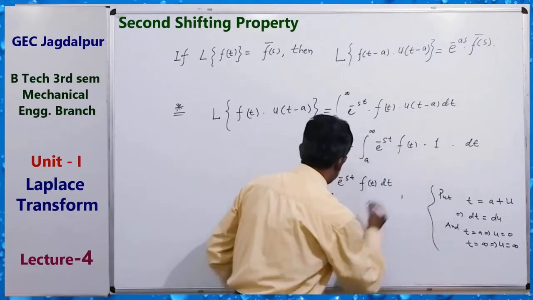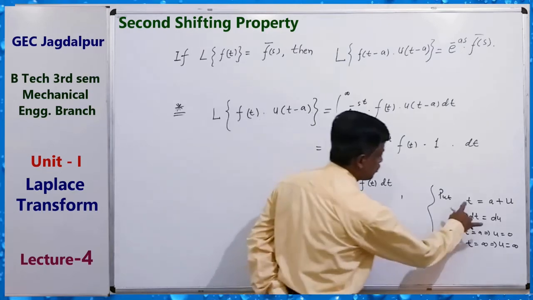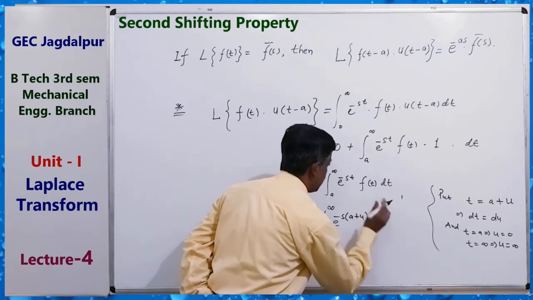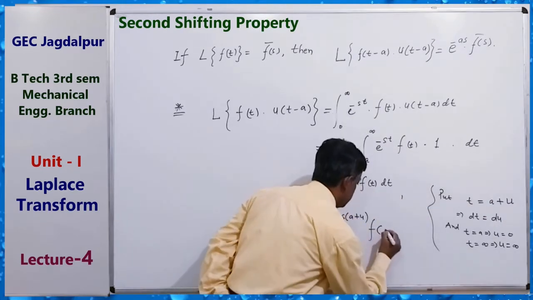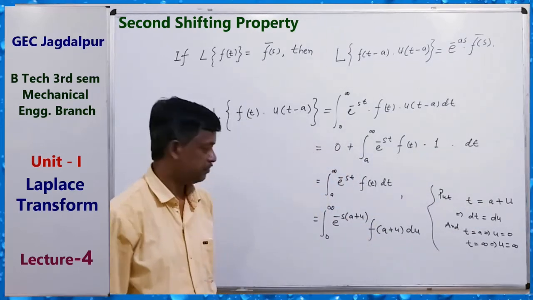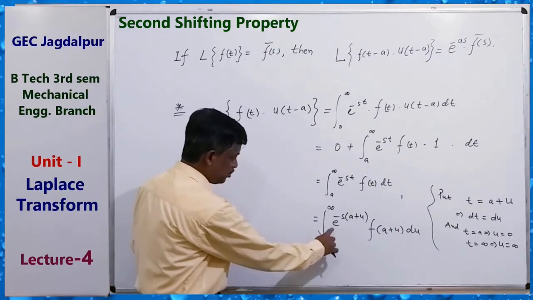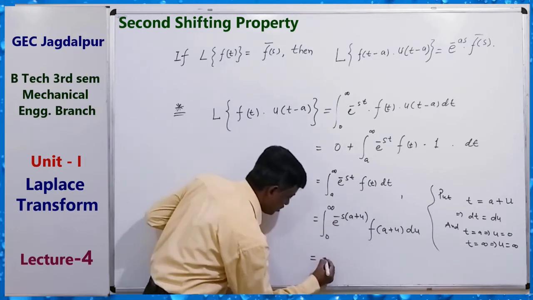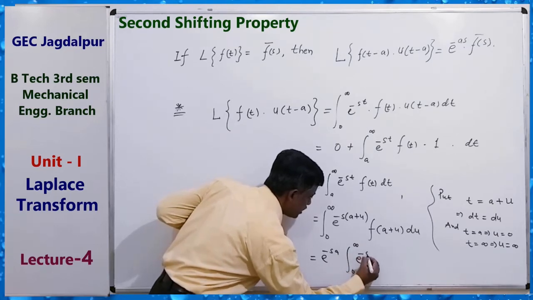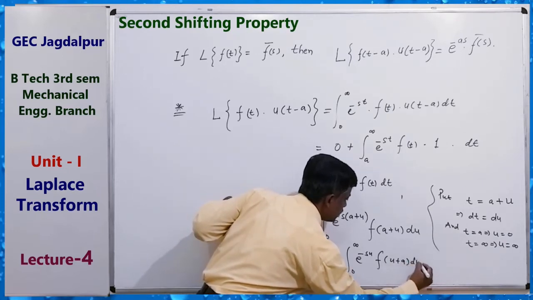So applying this, we can write 0 to infinity e to the power minus s(a plus u) f(a plus u) du. Now this is integration with respect to u, so e to the power minus sa is a constant and you can take it outside, and 0 to infinity e to the power minus su f(u plus a) du.